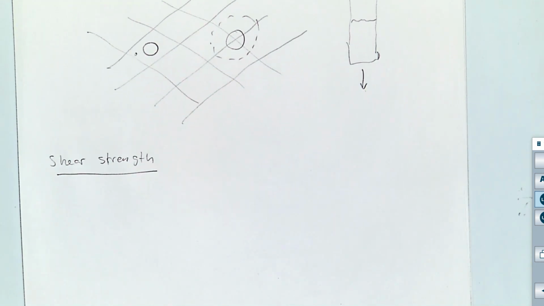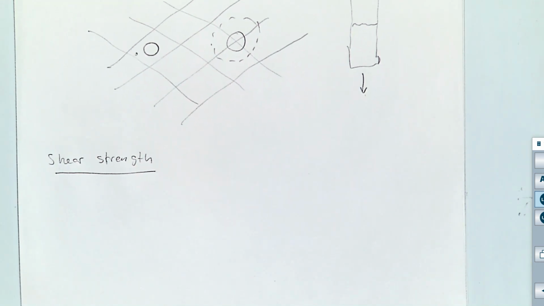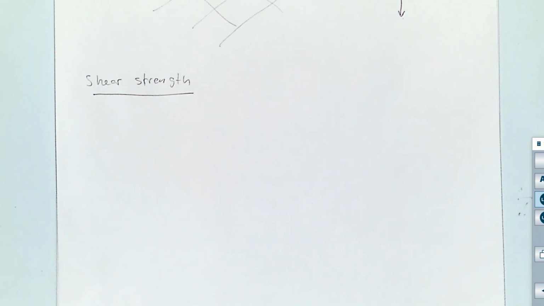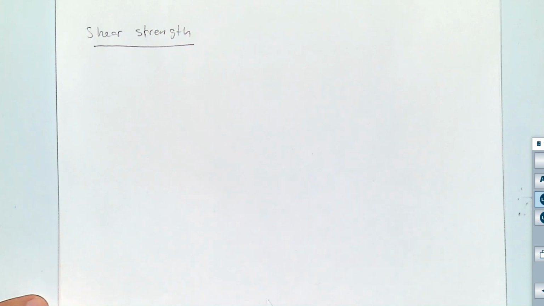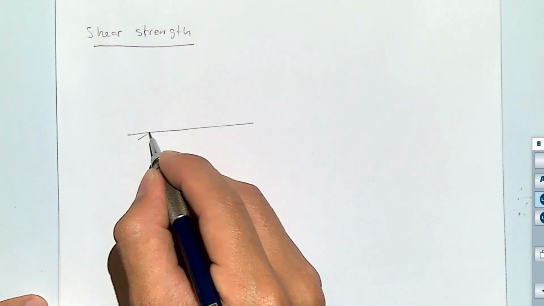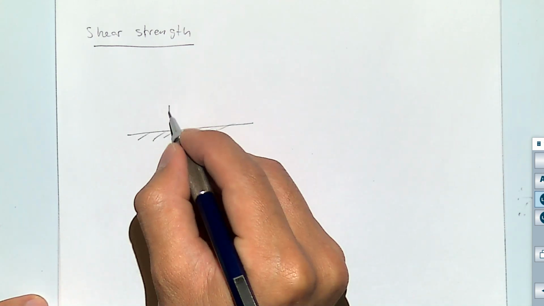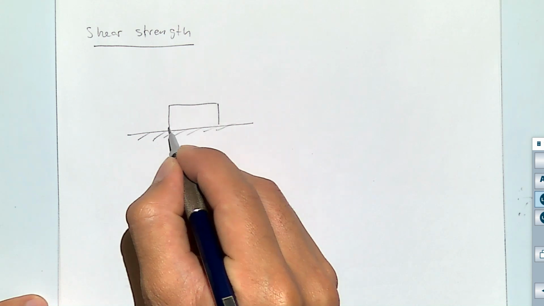Shear strength is going to be different, and it's going to involve a shear between surfaces. Before we get there, let me remind you of something that you know very well, but it is the basis of shear strength. And this is the idea of friction.